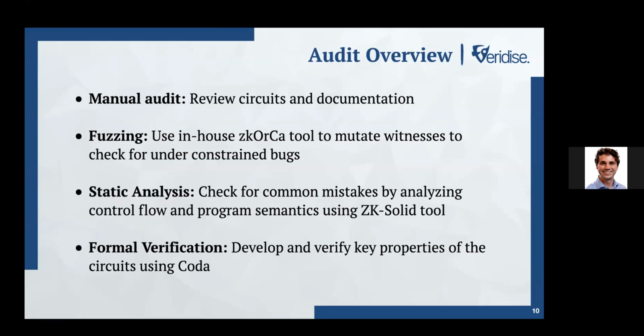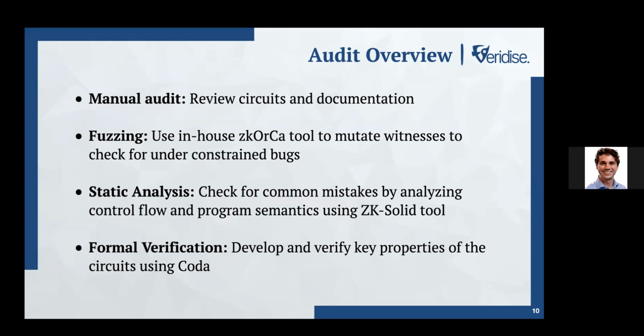To check this over, our process involves, number one, a manual review. I'm going to dig into this in a bit more detail in just a second. But we also performed fuzzing using ZKOrca, which is a tool that lets us mutate witnesses for the R1CS system and then check for under-constrained bugs that way.